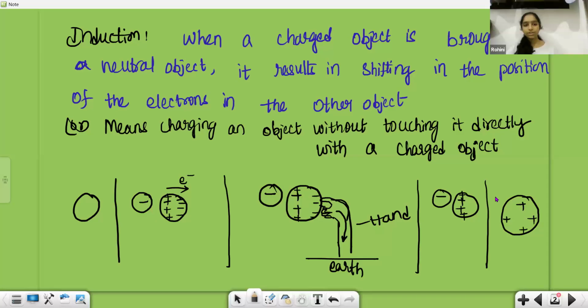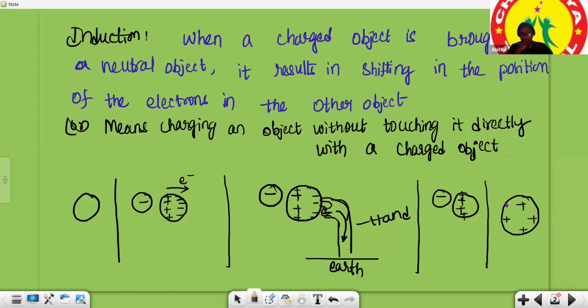If this negatively charged object is brought in contact with this positively charged one, then the electrons from that negatively charged one again enter into this positively charged one. So now there is flow of charges, flow of electrons takes place. So current can be produced. As it is a metal, and metal is a good conductor, current can be produced.